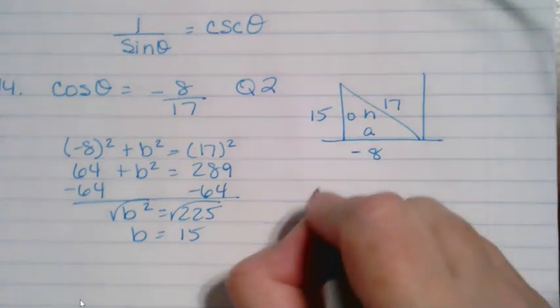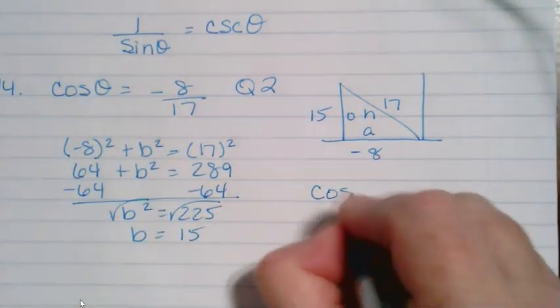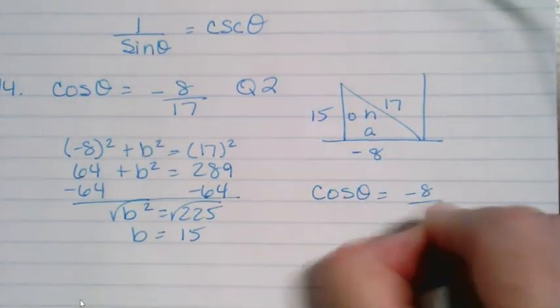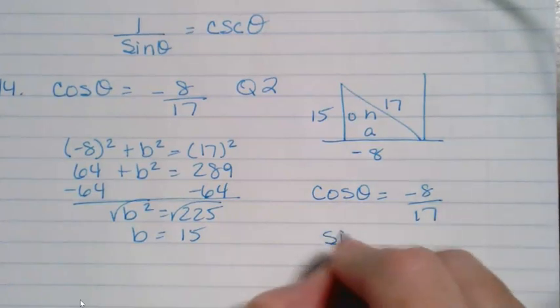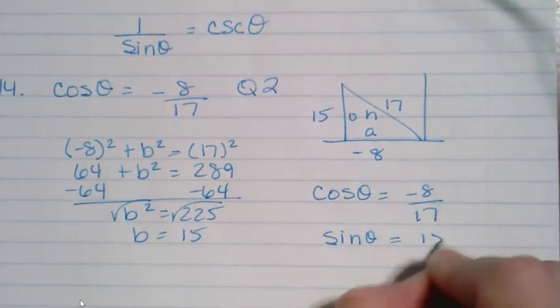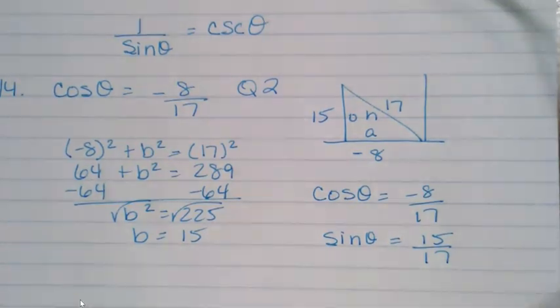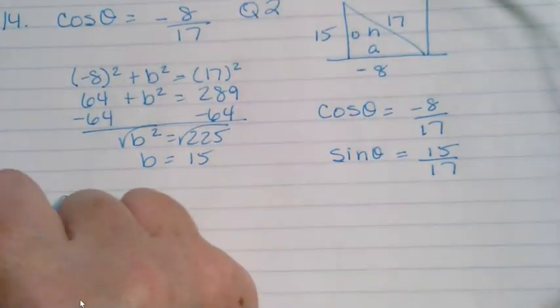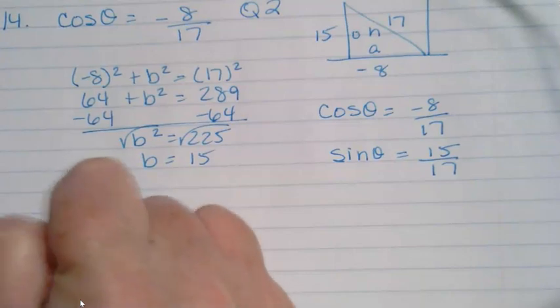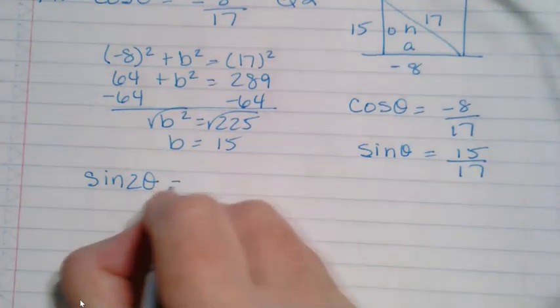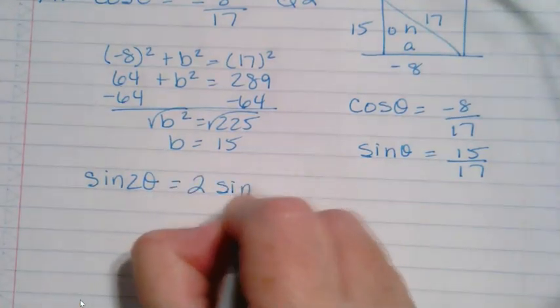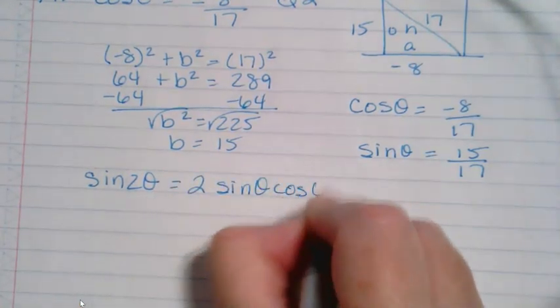Okay, so I already know cosine is negative 8 over 17, and sine is going to be 15 over 17. I know you're probably thinking, why are you doing both? Remember, the question here is sine 2 theta. The formula is 2 sine theta cosine theta.